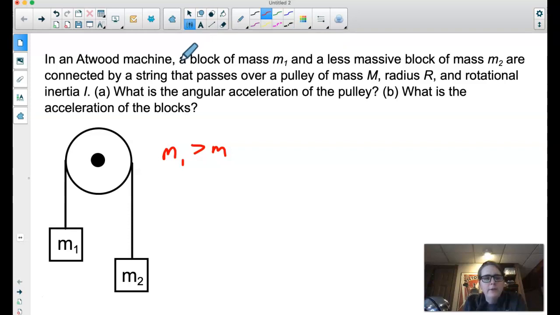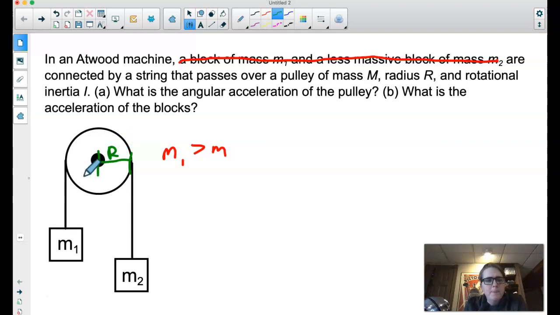And I can see those are already labeled, so this is information I'm not going to have to keep track of. I'm just going to cross that out. They're connected by a string that passes over a pulley of mass M, radius R, and rotational inertia I. I'm going to add that information to my diagram. The radius goes from the center of the pulley out to the edge.